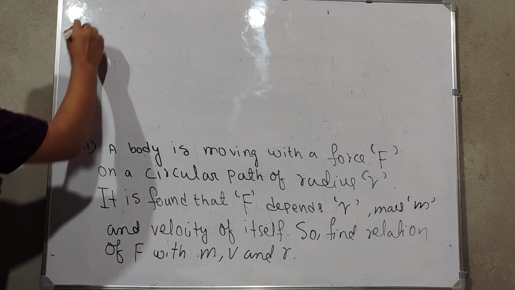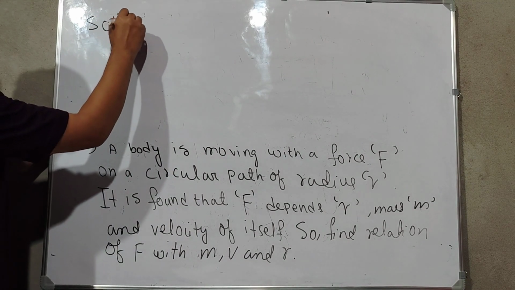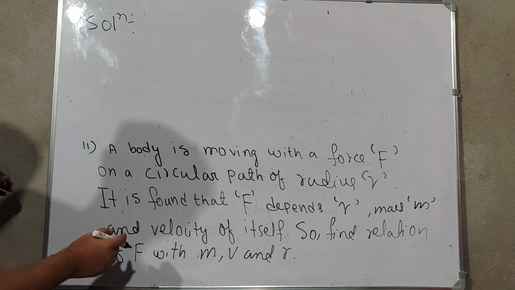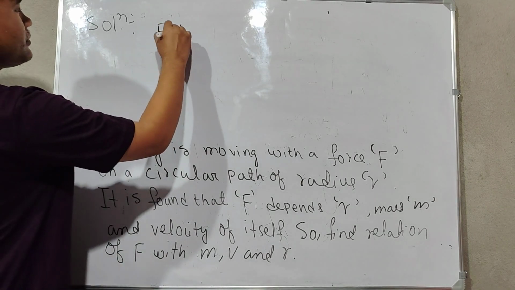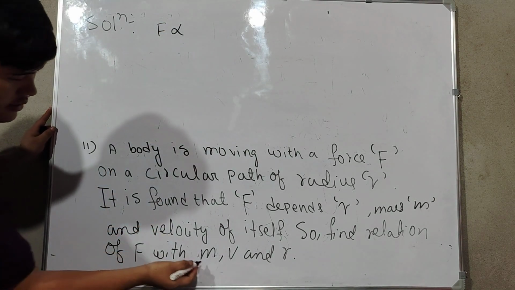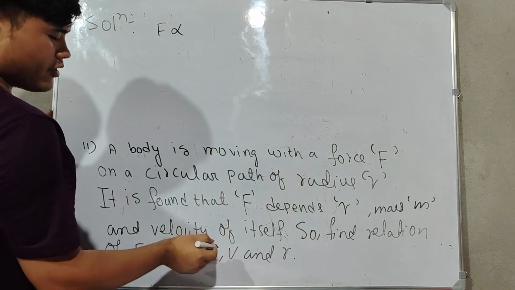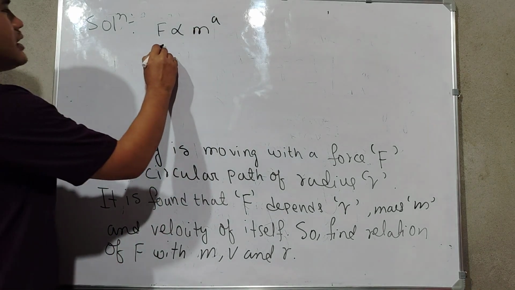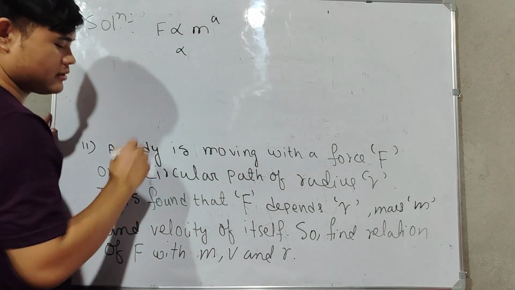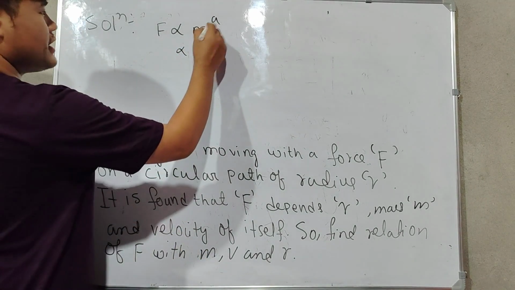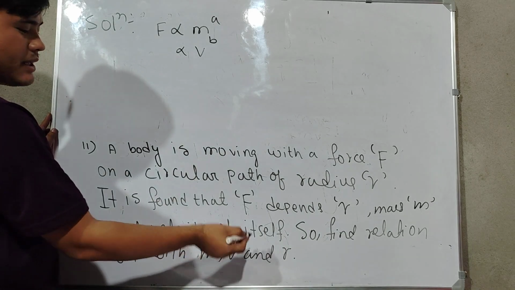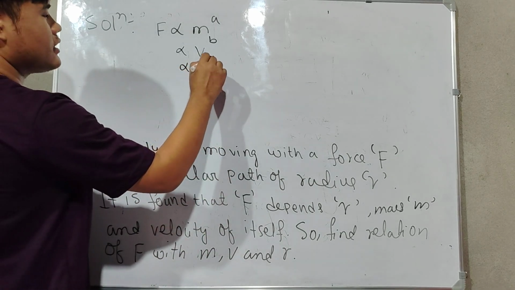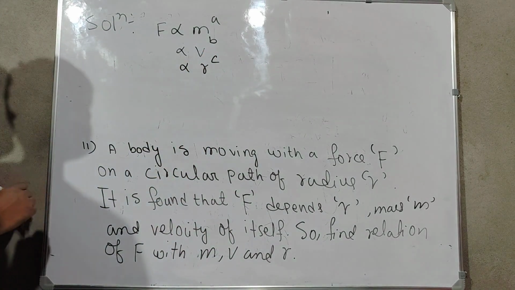Solutions. What is given? Force is depending on what? Mass, m^a. And then force is depending on velocity also, the power be b, and it's depending on radius also, r, that power be c.